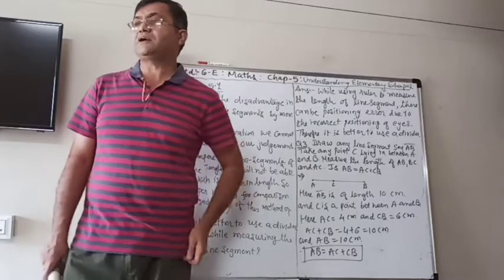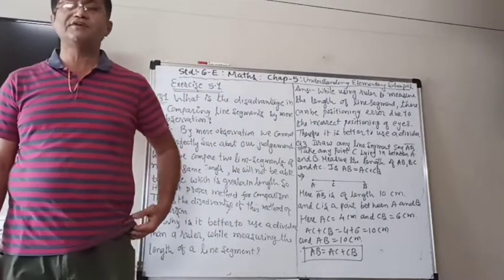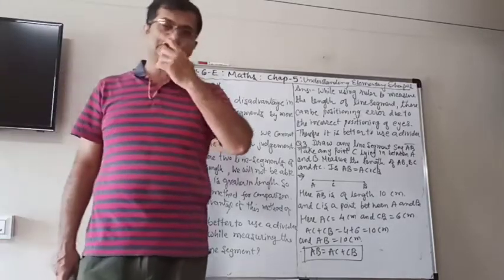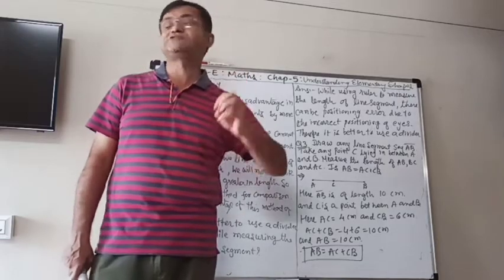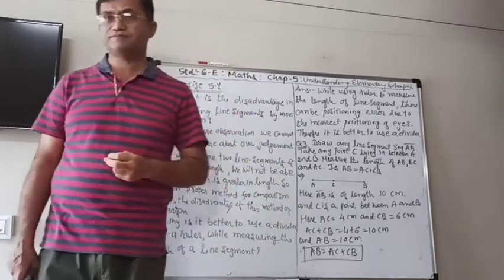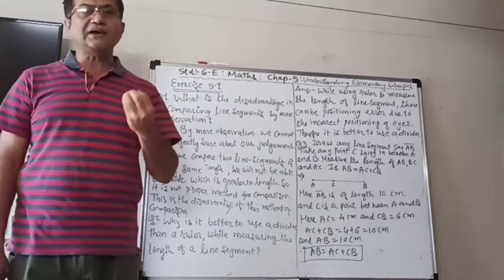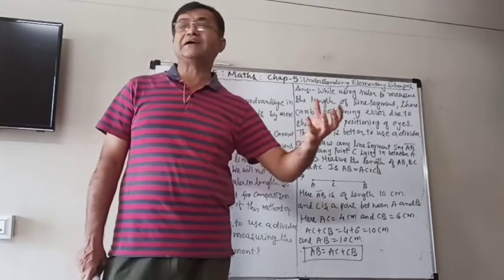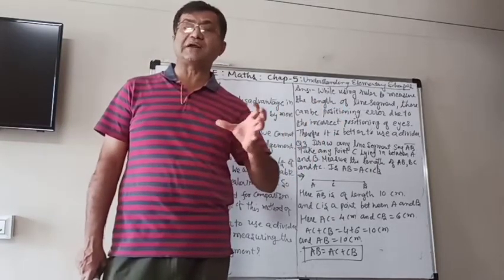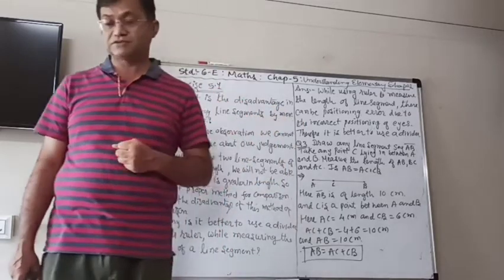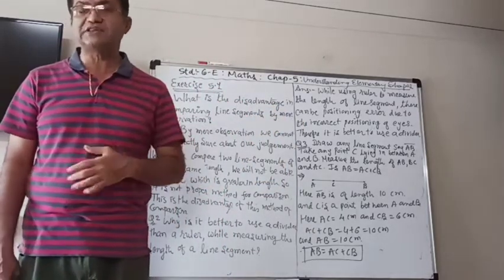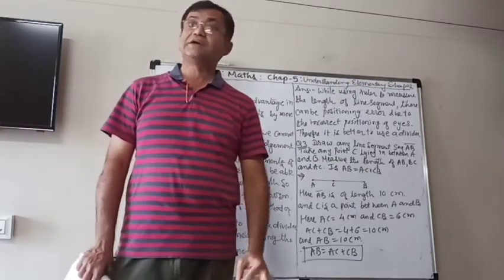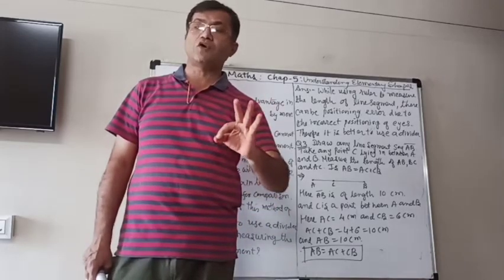So we learn about the first method, comparing by observation, in which we saw that this comparison method will be perfect only when the length of the line segments are much different. Means they have a big difference in the length. Then if it is a big line segment and a small line segment, easily we can compare by mere observation.